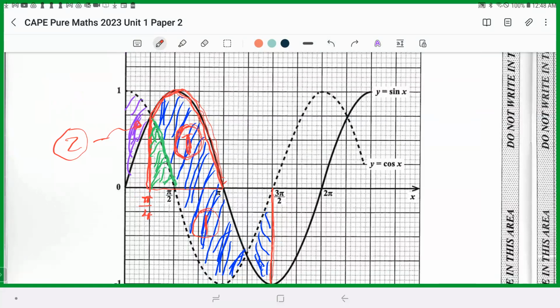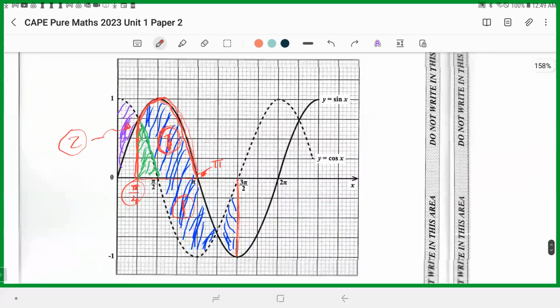The sine graph is the top one, the unbroken one, between pi by 2 and pi. Right here it's pi. Minus the area under the cos graph, the green section, between pi by 4 and pi by 2. I'll write it out now.